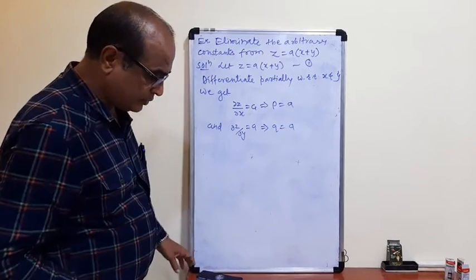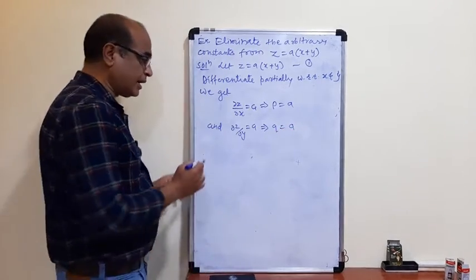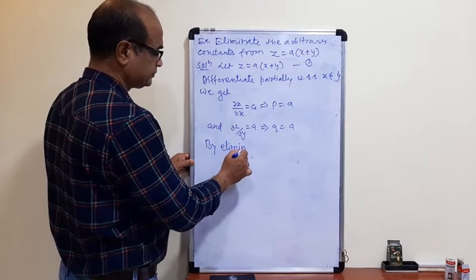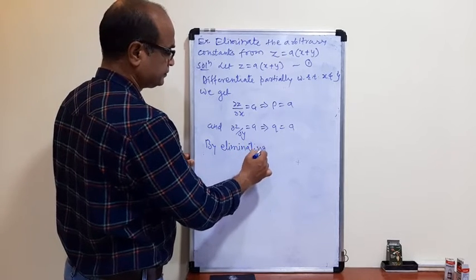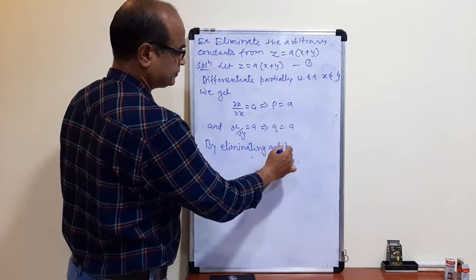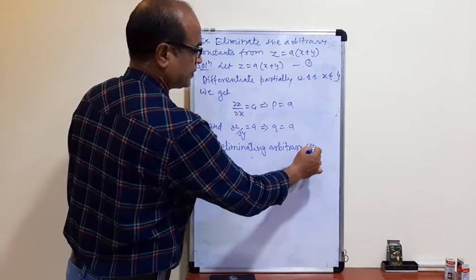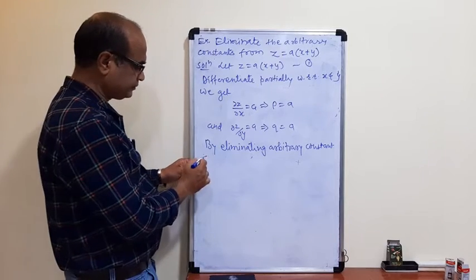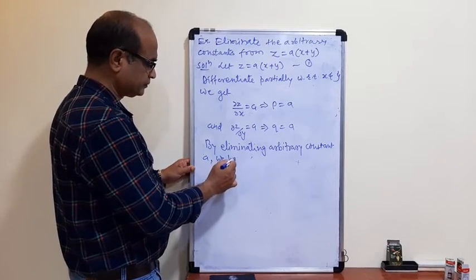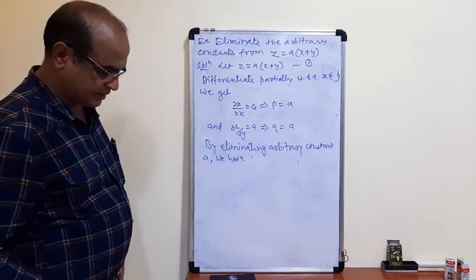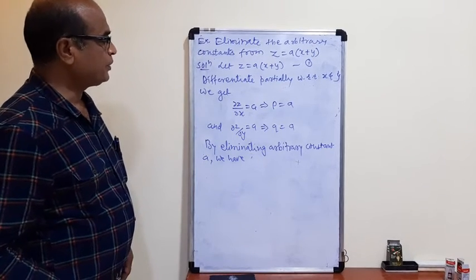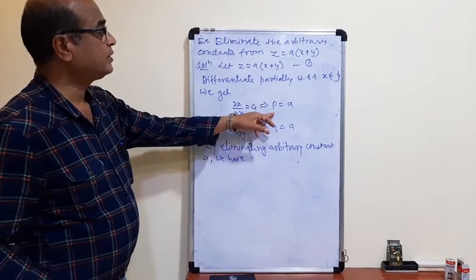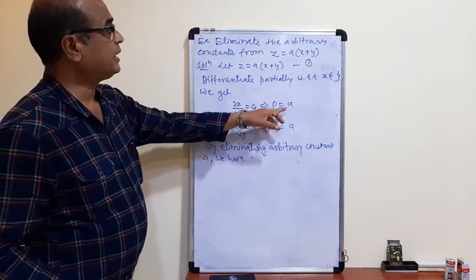Then how do we write this equation by eliminating the arbitrary constant a? We have the arbitrary constant a. So put a is equal to p here.